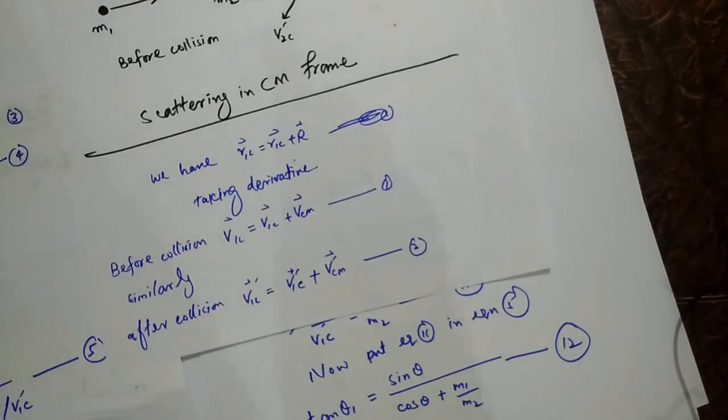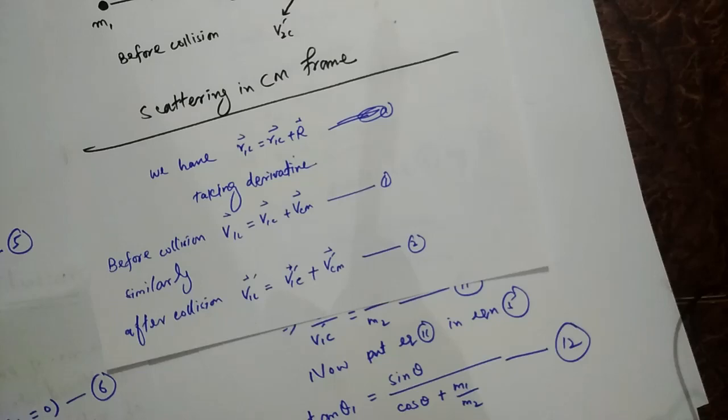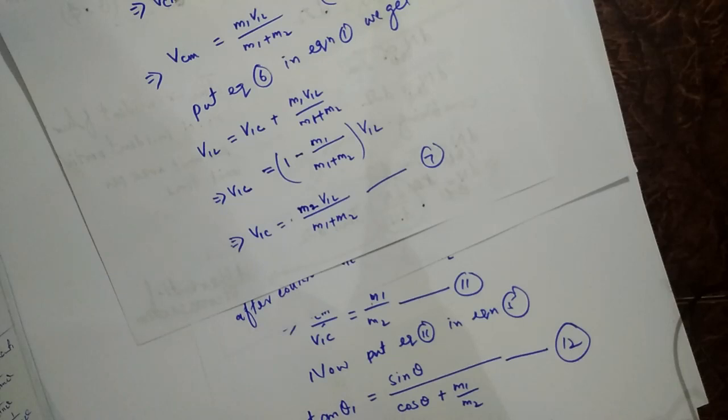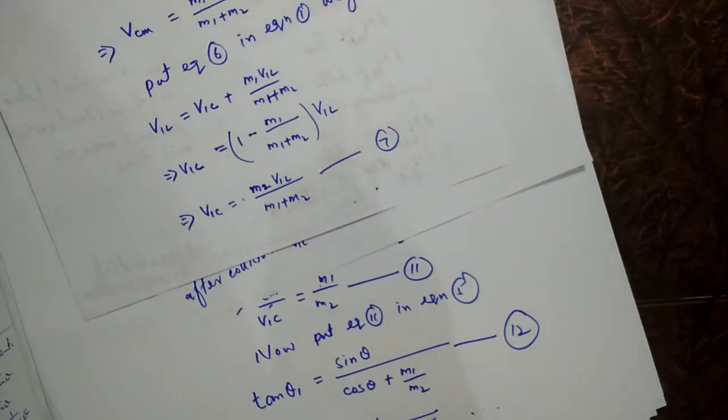Or we can also write it in another form. We have to use this identity: cos theta is equal to 1 upon the root of tan square theta plus 1. So we can also write it for the lab reference frame as cos theta 1 in terms of tan theta 1.